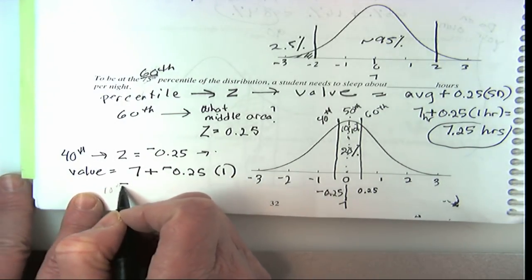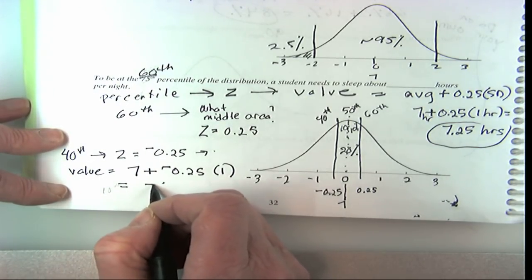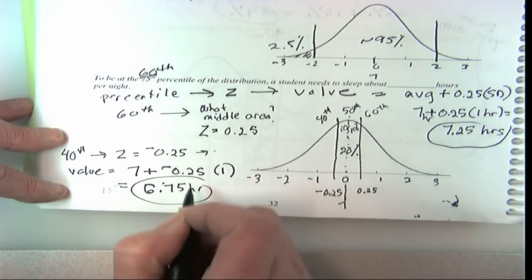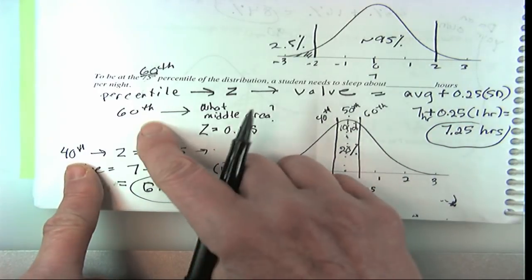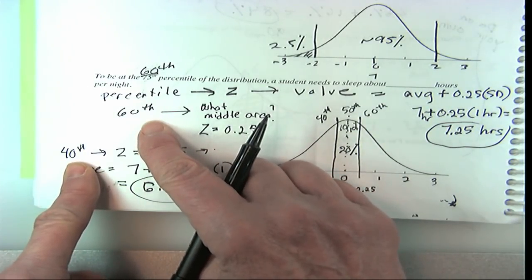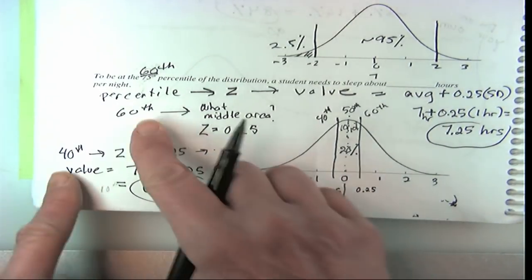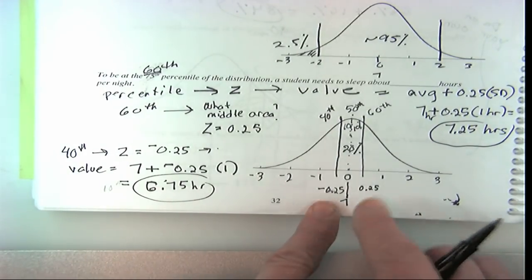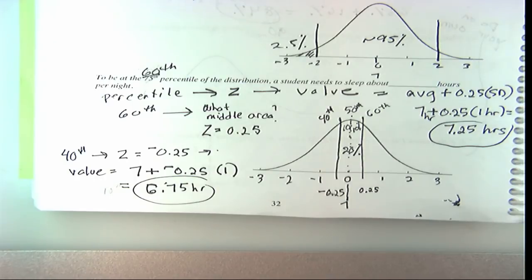So my answer would be 6.75 hours. In other words, they're completely symmetrical because 40 and 60 add to 100, so they're going to have opposite z-scores. Any two percentiles that add to 100 will have opposite z-scores because they'll be the same distance above and below the average. Any questions on that?